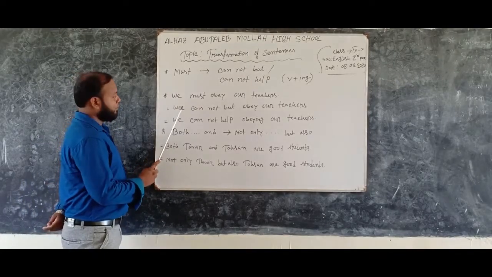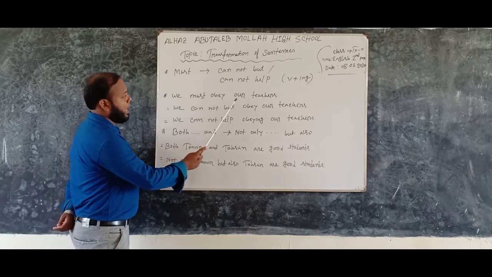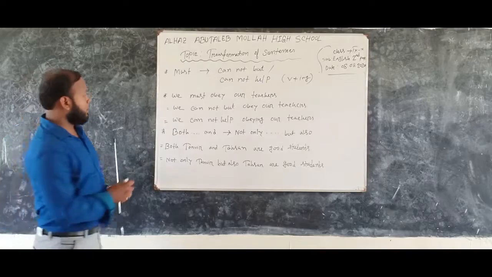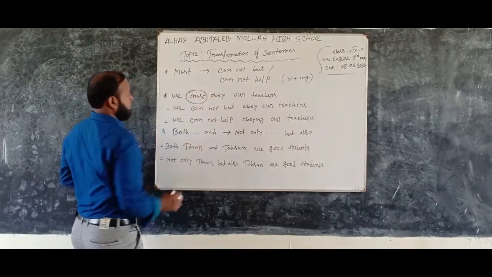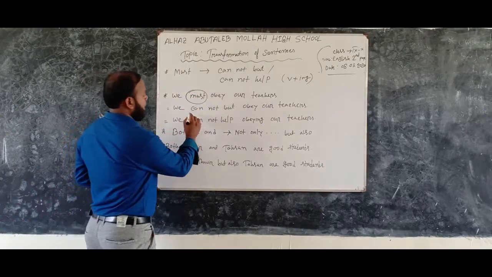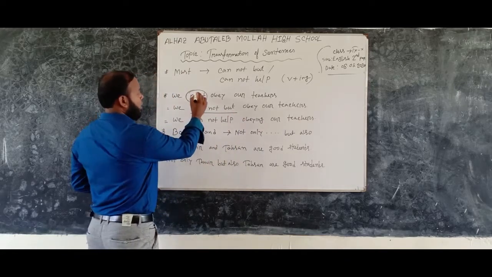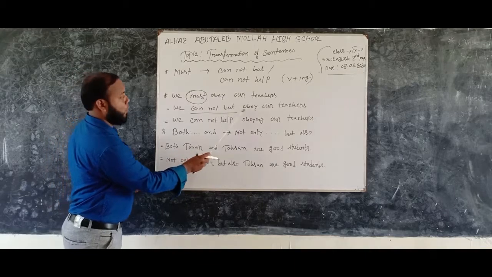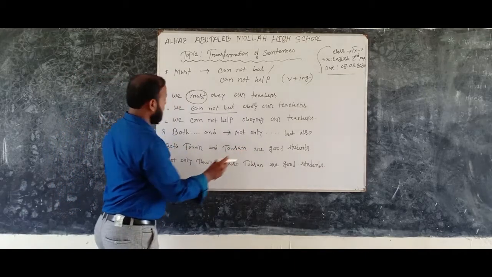For example, we must obey our teachers. Here we find must. So we can use cannot but instead of must. So our answer is we cannot but obey our teachers.